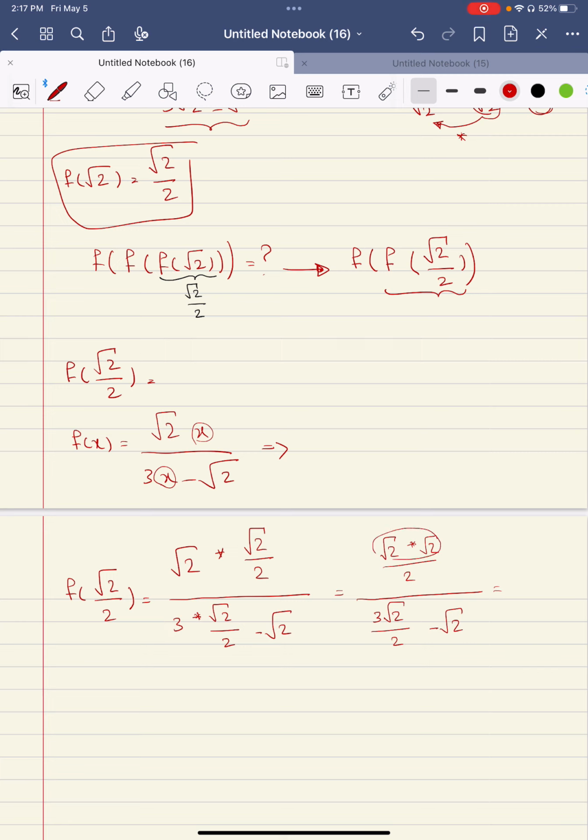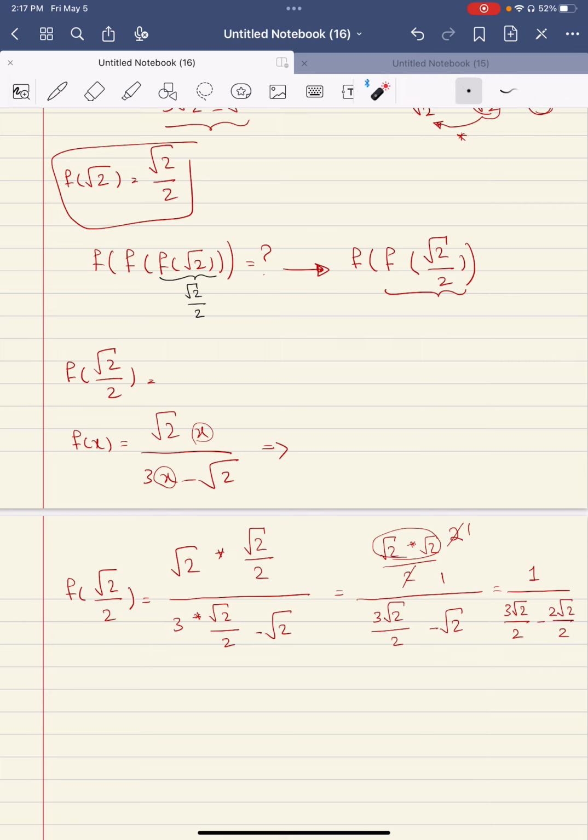So root 2 times root 2 is 2. 2 in the numerator and the denominator will be cancelled out. So we have 1 as the numerator, and we have 3 over 3 root 2 over 2 minus root 2. So what we should do is to do something like this.